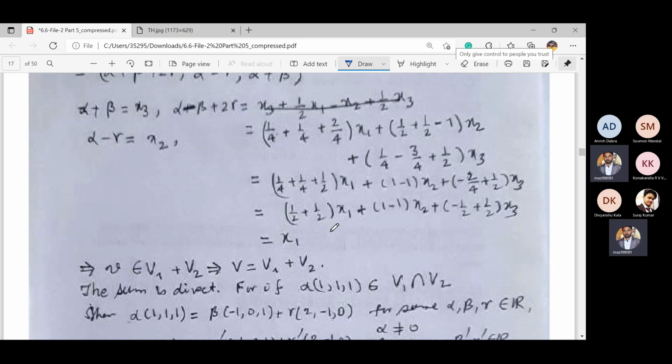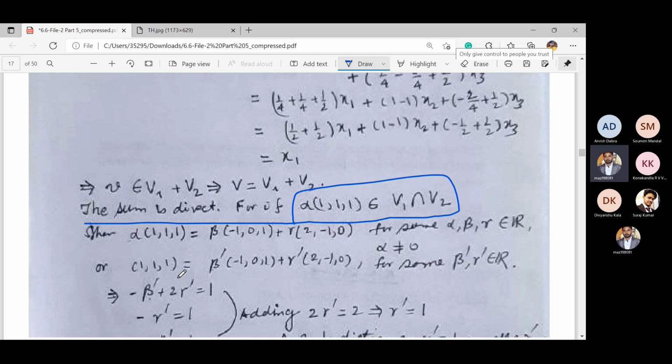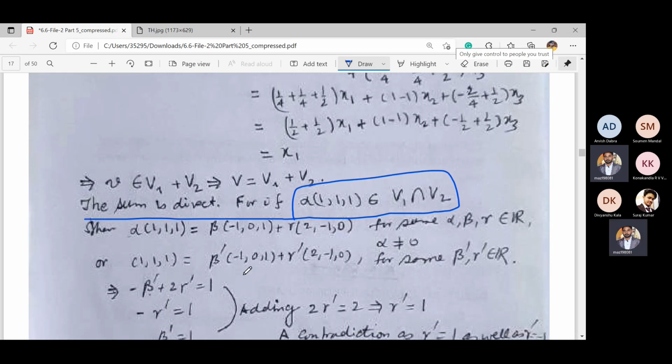These are just calculations that follow directly from the theorem that we have done already. So the sum is a direct sum if the intersection must be zero, not phi. It has only 0 in the intersection. So just recall for one second, what is the meaning of direct sum?